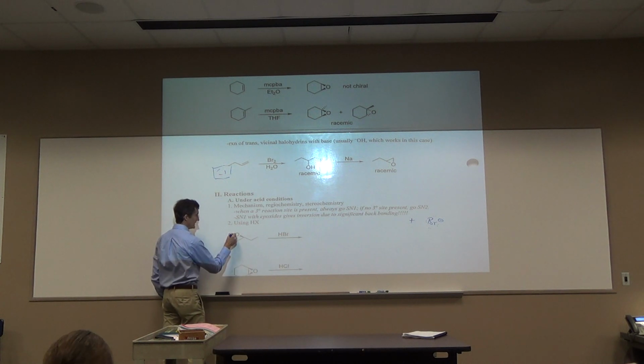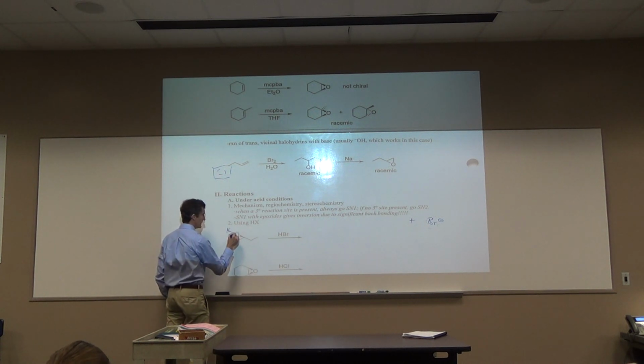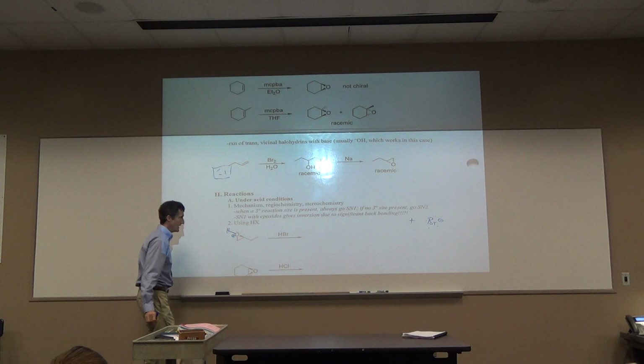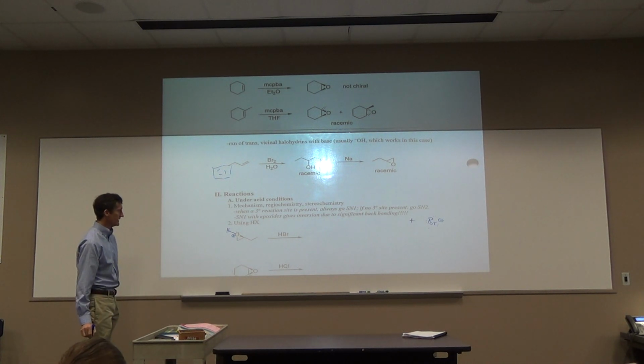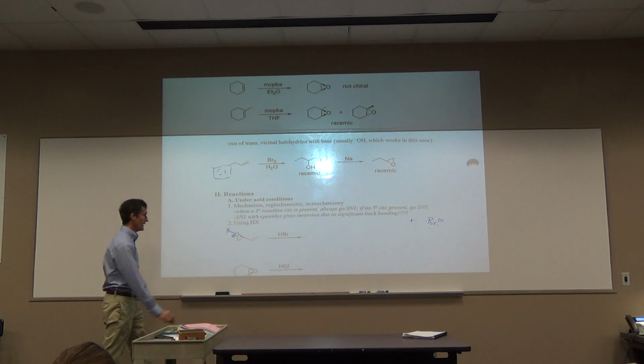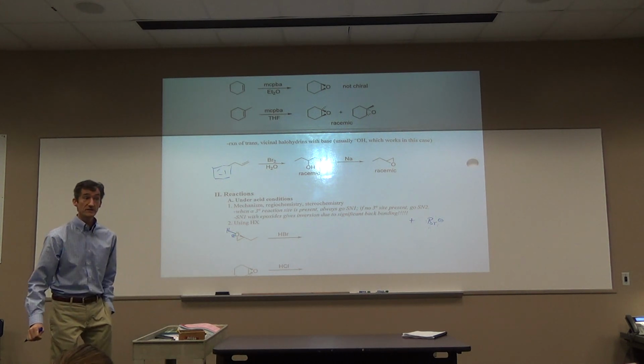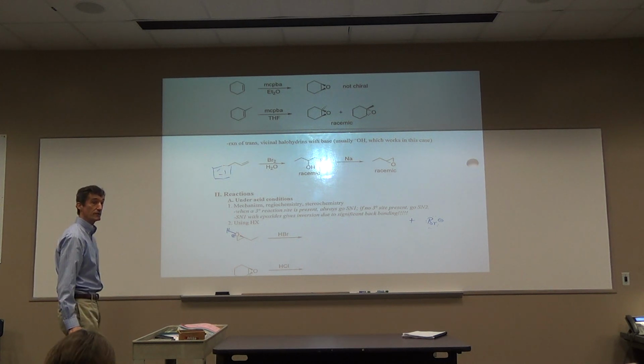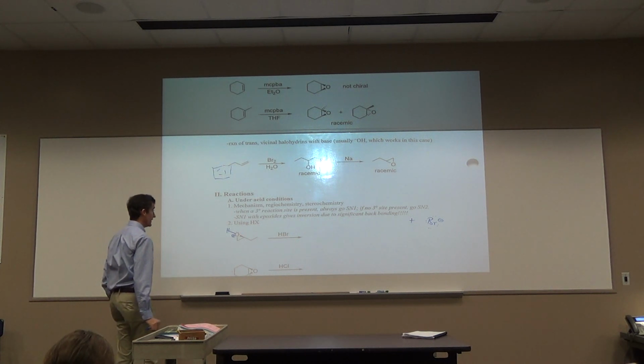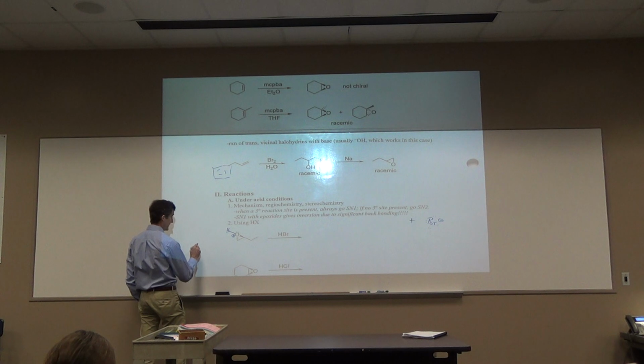Can I protonate the oxygen of the epoxide? Everybody know how to protonate an oxygen? What type of mechanism are we going to do from here? I've got a secondary and a primary. I don't see a tertiary site or resonance or anything. So we do SN2. And so the Br minus attacks where?